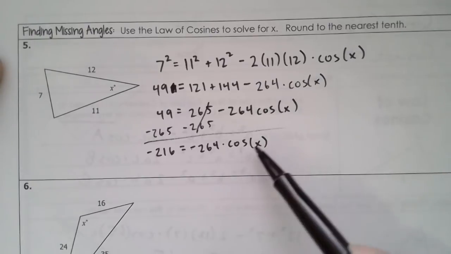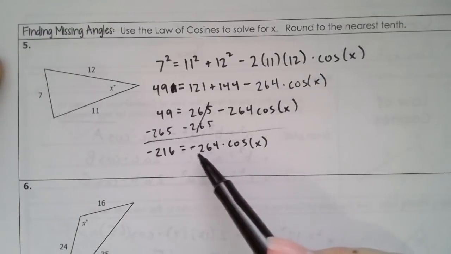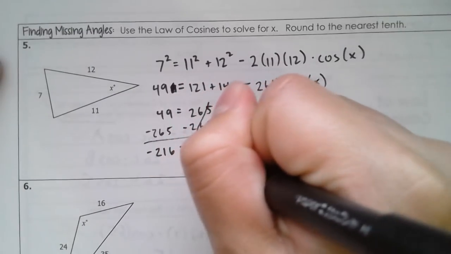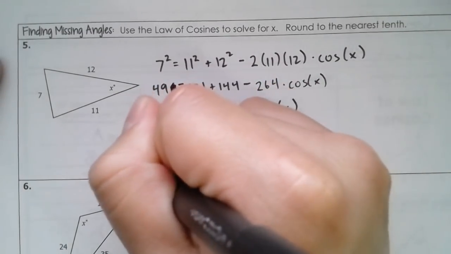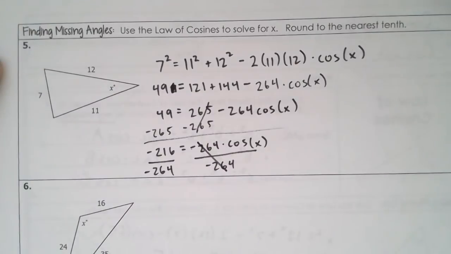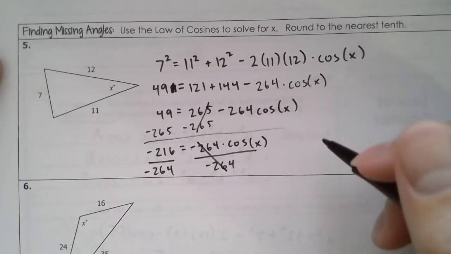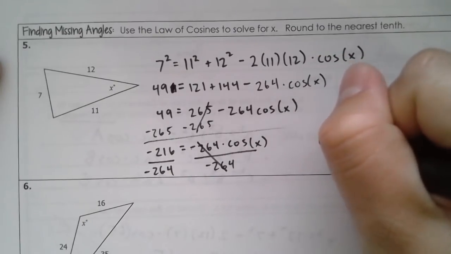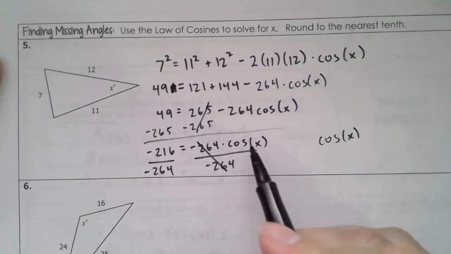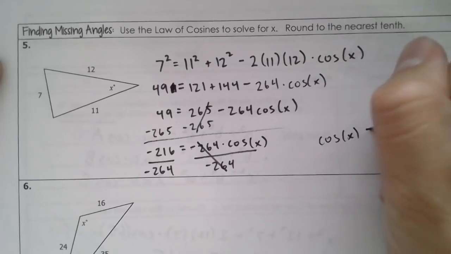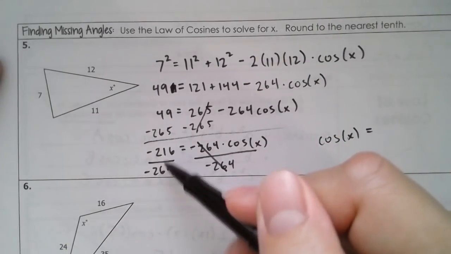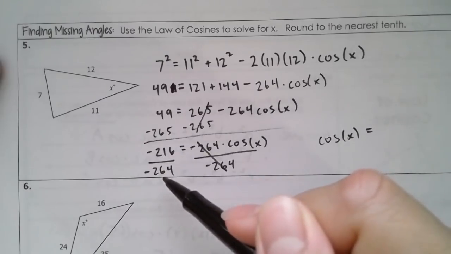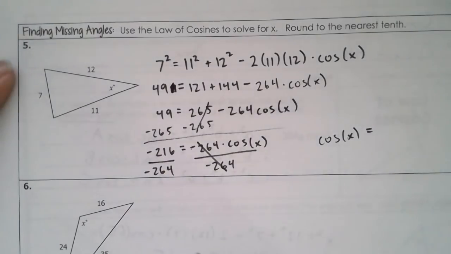Now, again, because I'm solving for cosine x, I have to divide both sides by negative 264. So I'm getting cosine x is equal to negative 216 divided by negative 264. You can put this in your calculator, and I want you to use 4 decimal places.